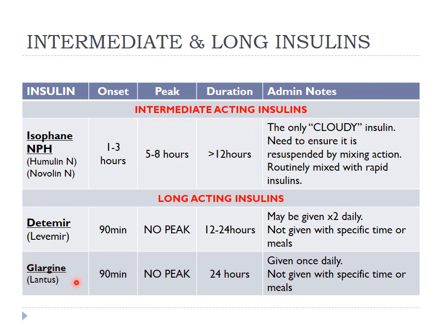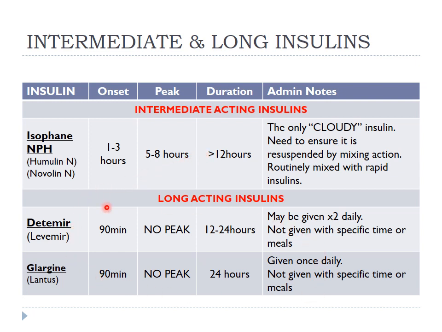Now, the one thing about this one is it's still set to have a peak. If we think of NPH, it has a peak and a plateau, okay, and then it drops off. It doesn't have the same sort of profile as regular insulins or rapid insulins.